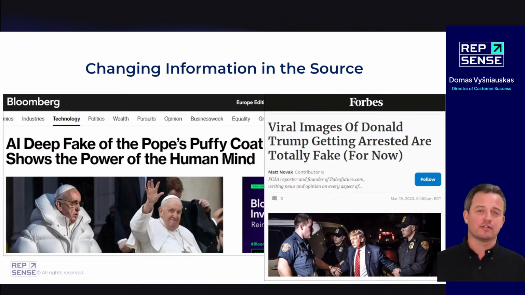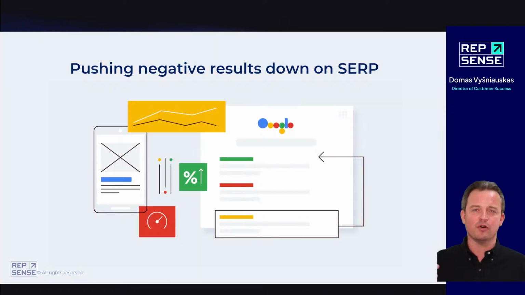And since it got so much engagement, it ranks a lot higher than any other content about the Pope, because there was no other event where the Pope was mentioned so many times recently, and it hasn't changed up until now. Of course, Donald Trump got arrested, and this maybe was a prophecy that was about to happen. But still, if you search for Donald Trump and the content on Forbes, it's very likely you will find these artificial intelligence generated images because it was just more interesting than Donald Trump overall.